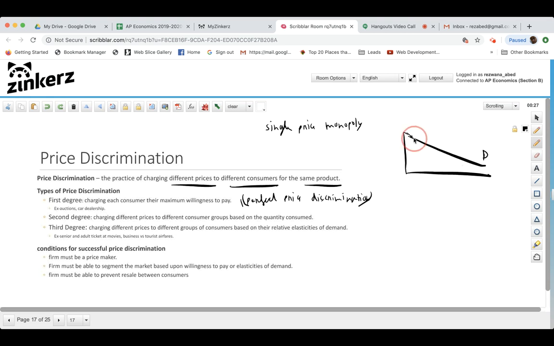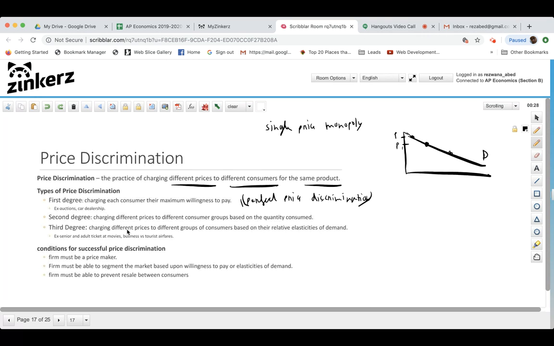So for someone who's over here, their highest willingness to pay is this price. For somebody over here, their highest willingness to pay is lower, over here. So different people have different willingness to pay. So with first degree price discrimination, a monopolist engages in this kind of practice where they will charge each consumer their maximum willingness to pay.